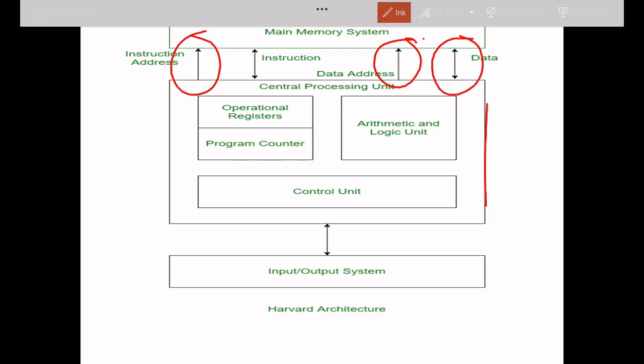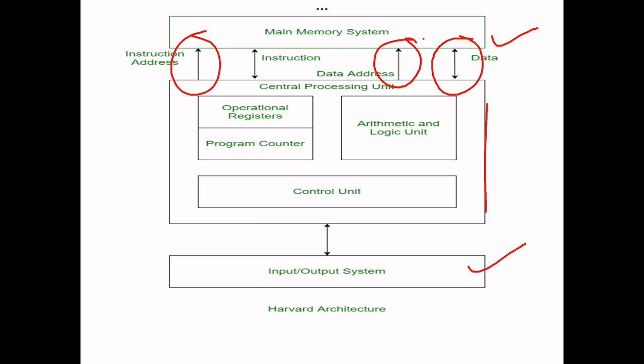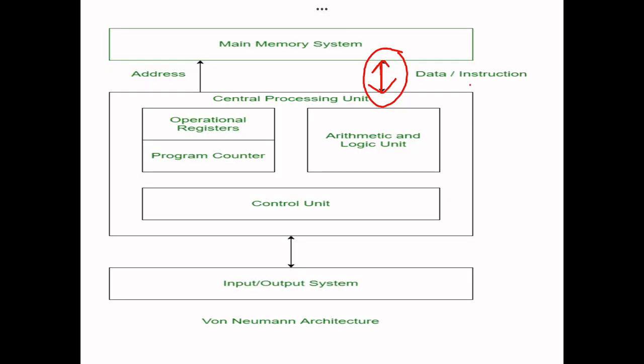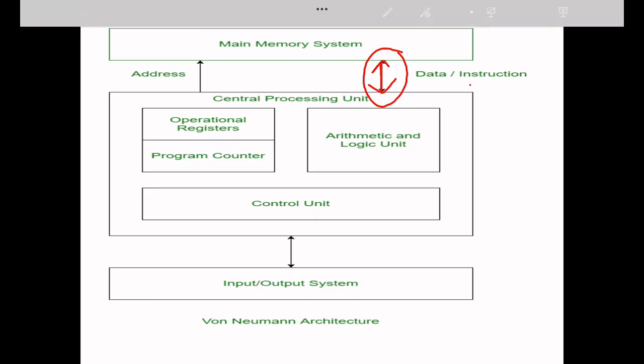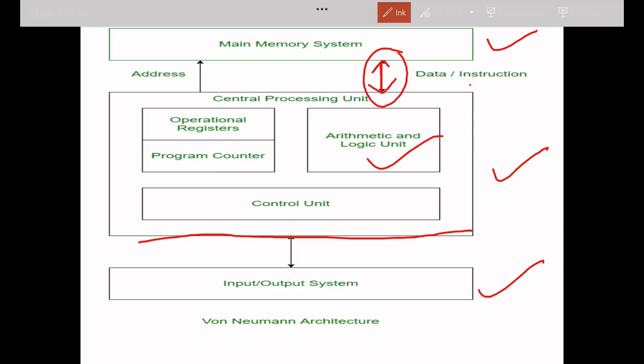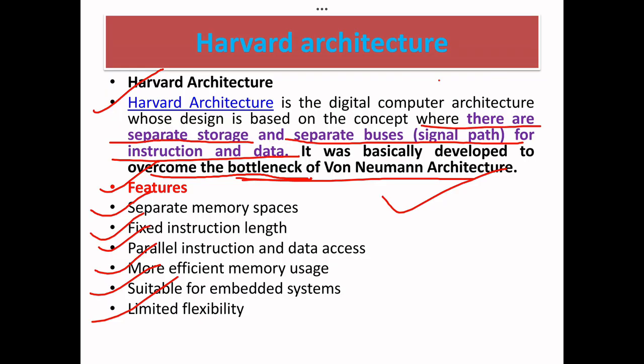This is your ALU, this is your input output system, and that is your main memory. If you go to the previous design, you can see both designs are the same: main memory, control unit, program counter, arithmetic logic unit, and the input output device.